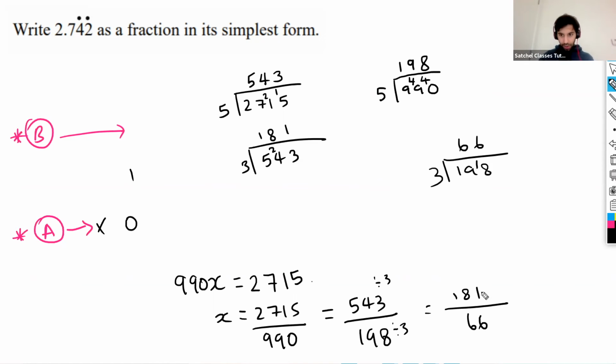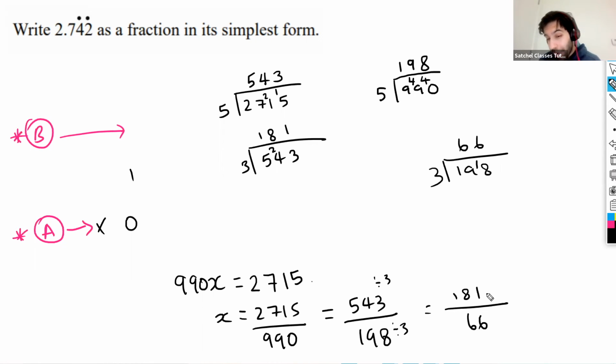So our answer, we can't simplify this anymore. I can't divide either of them by 5. I can't divide either of them by 2. And if I can't divide them by 2, I certainly can't divide them by 4. I can't divide either of them by 3 either, because 8 plus 1 is 11. 11 is not in the 3 times tables.